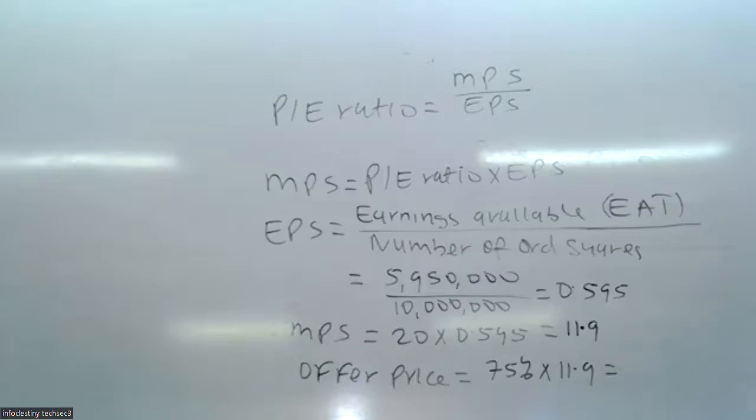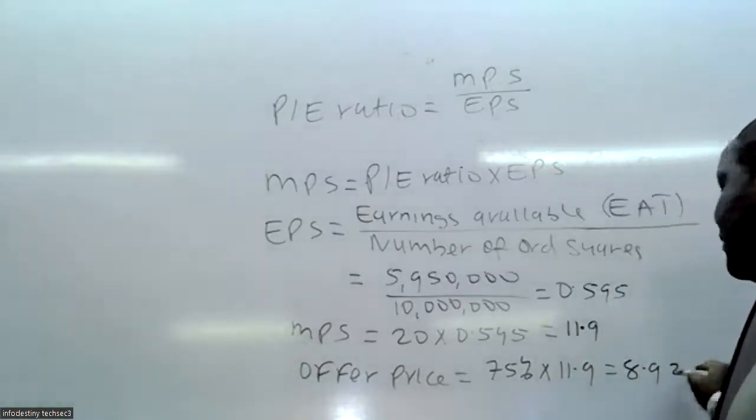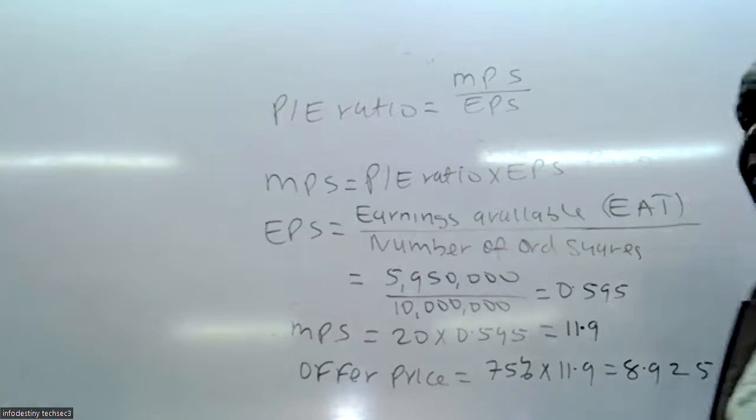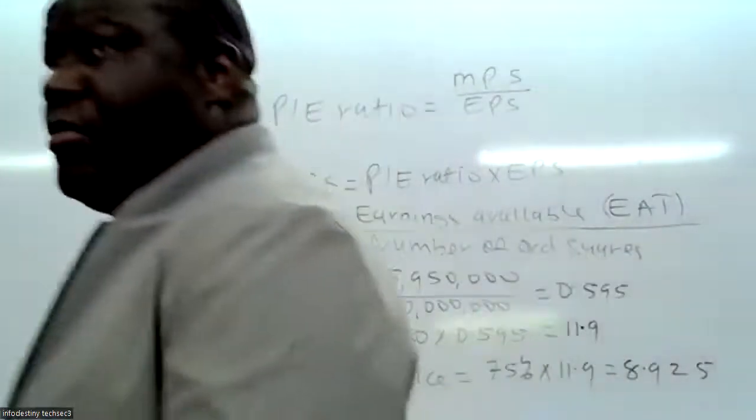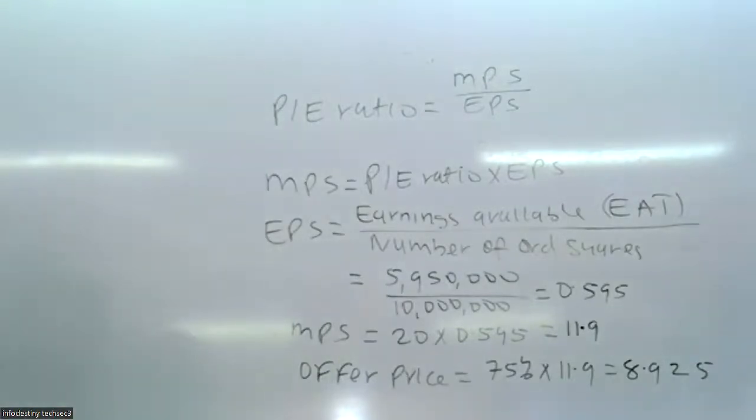So what will be our offer price? 8.92. So that is what was to be used to get the two prices, the offer price and the current market price, which were not given.